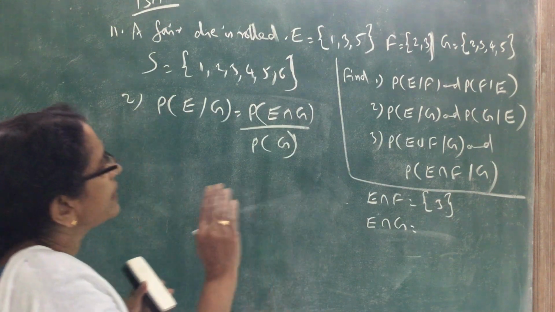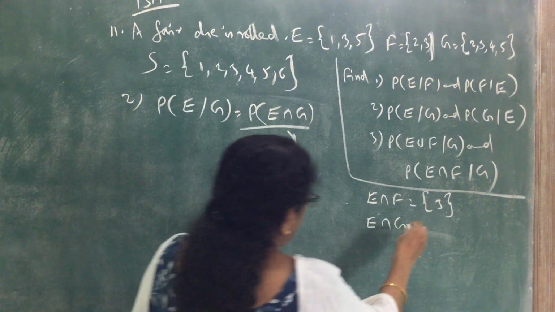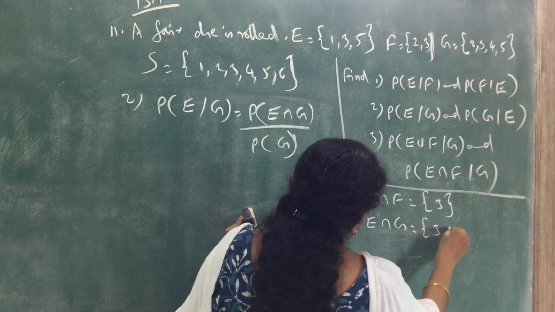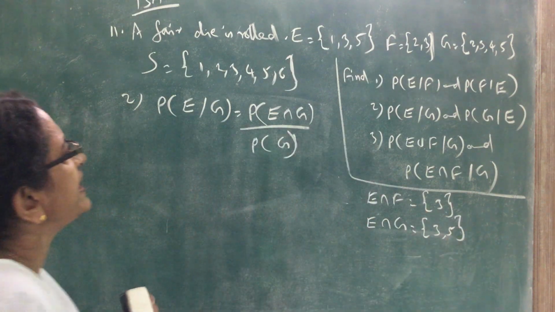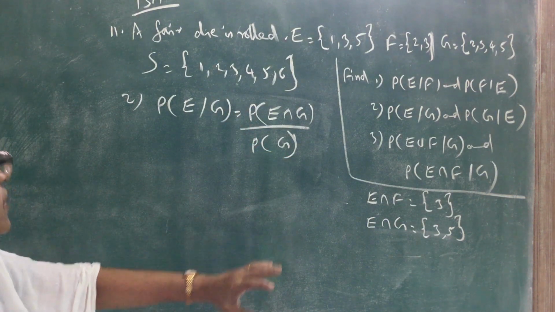So the common elements of E and G are 3 and 5.